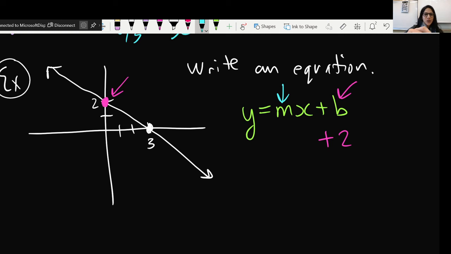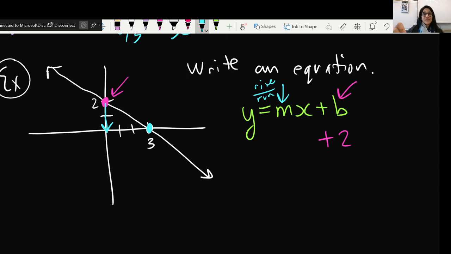Then for the slope, remember slope is rise over run. So if I'm going from this point to this point here, do you see that I'd have to go down 2? How do I write that as my slope in my fraction? What's down 2?